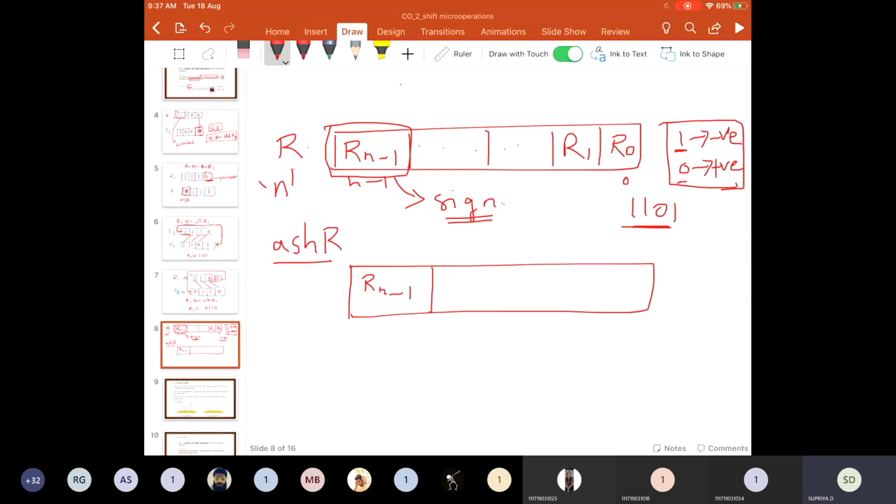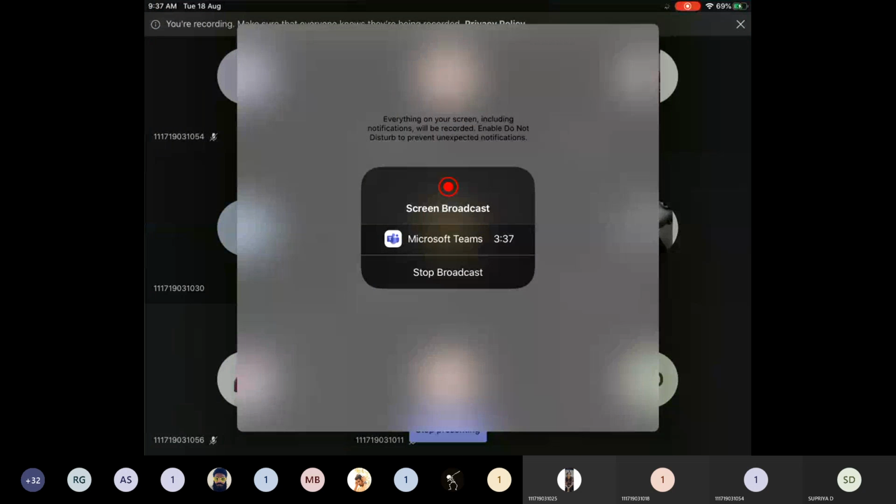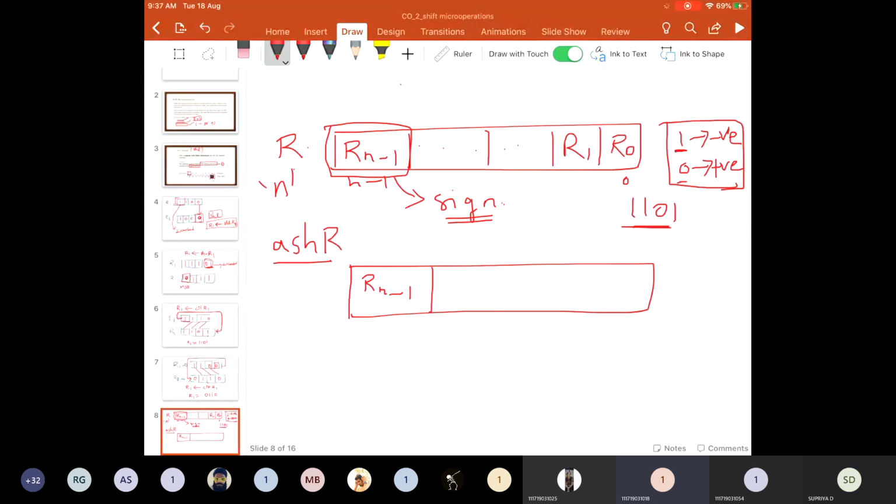And what will be the equivalent logical shift right of 1101? Ma'am, logical shift left is 1010.